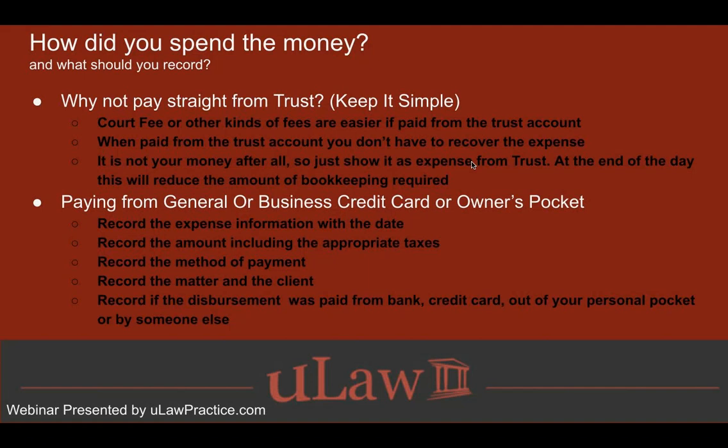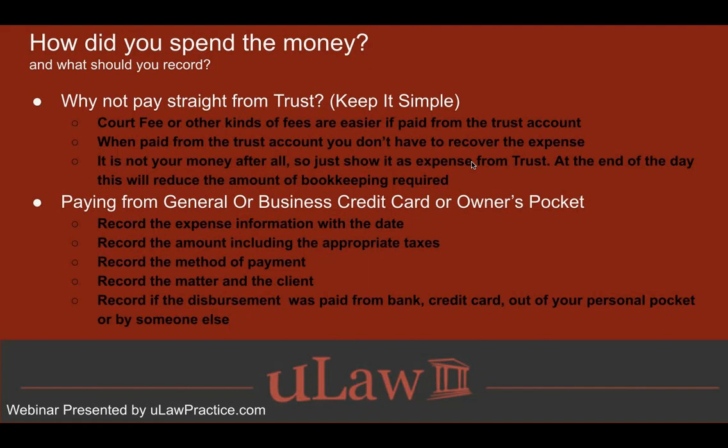But also, the other thing to keep in mind is there is no way that you're going to be able to charge a different amount than what you have actually spent for this disbursement. It is not your money after all that you're disbursing from your trust. Remember, it is your client's money. So you just have to show it as an expense from the trust.